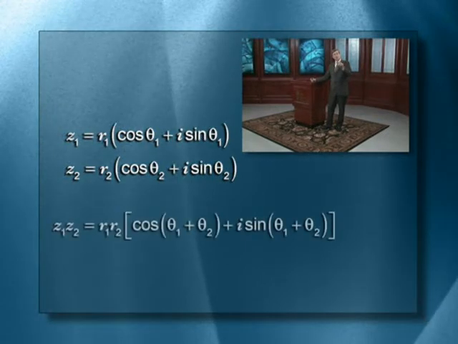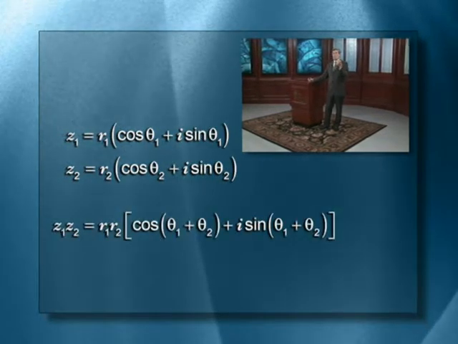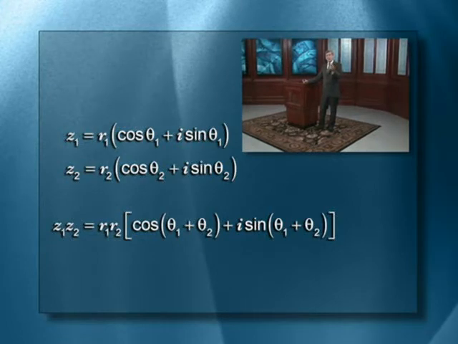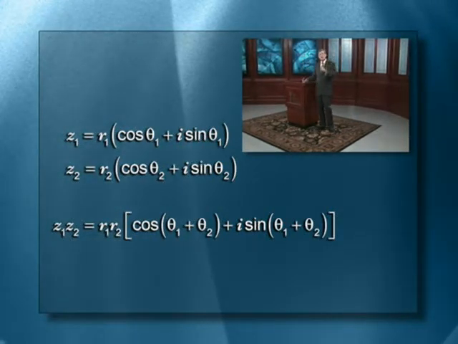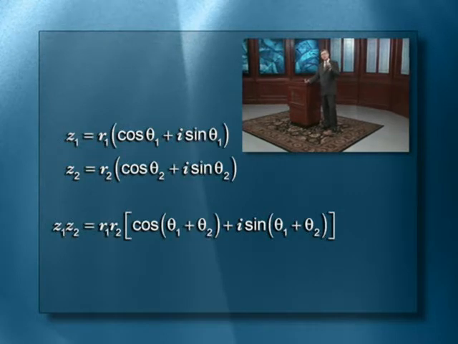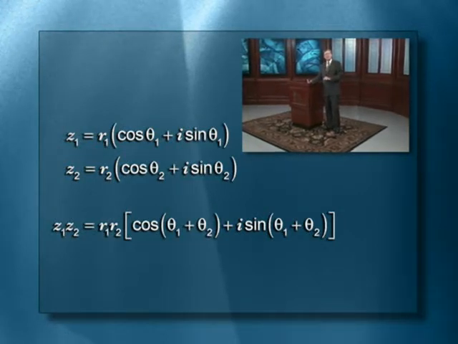Then their product, z1 times z2: you multiply the moduli, r1 times r2, times the quantity, cosine, and you add the angles. Wow, how simple. Cosine theta 1 plus theta 2 plus i sine theta 1 plus theta 2.